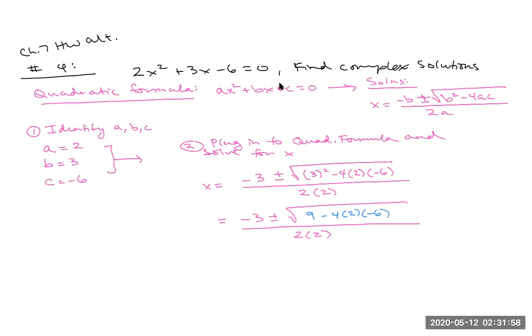Next step, keep your -3 plus minus, and then keep your 2 times 2 on the bottom. We're going to go ahead and multiply -4, 2, and -6. That gives us 48. So underneath the radical we get 9 plus 48.